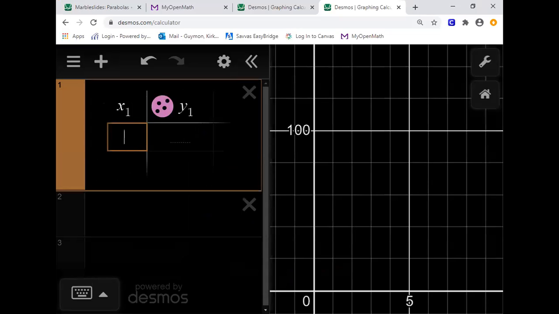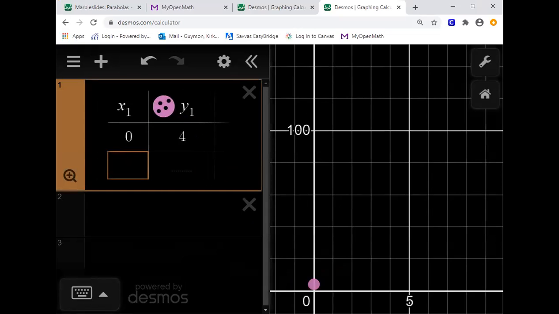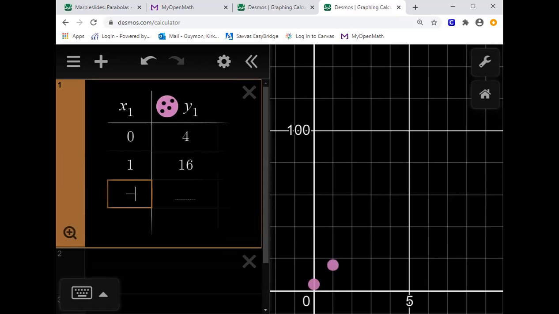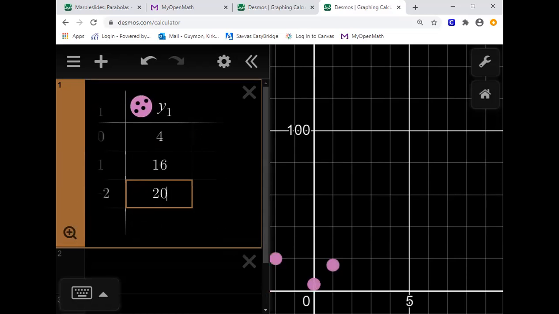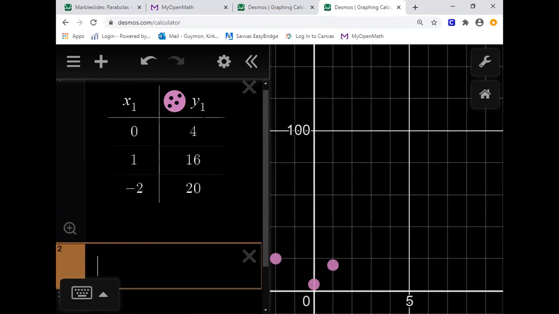And in your two columns, I had 0, 4, and then I had 1, 16, and I had negative 2, 20 for my three points.